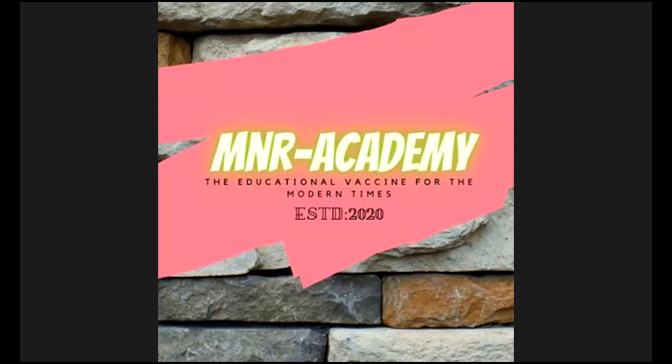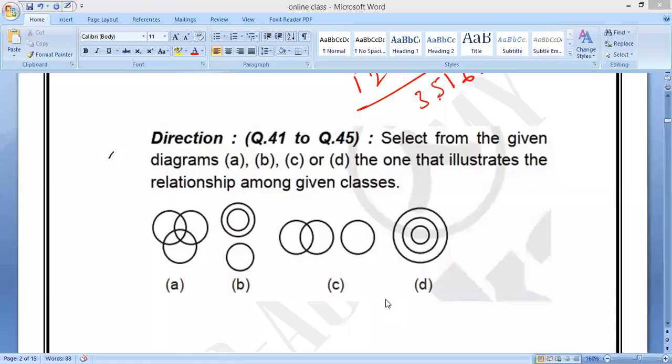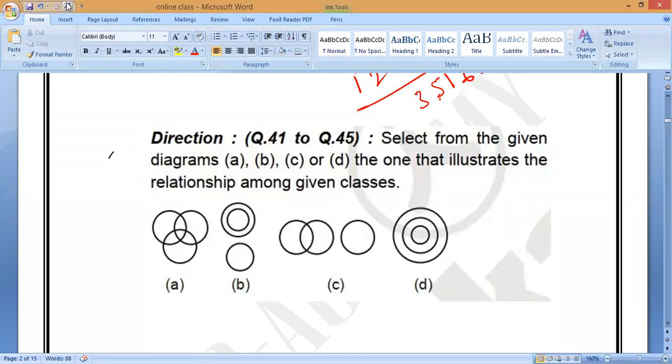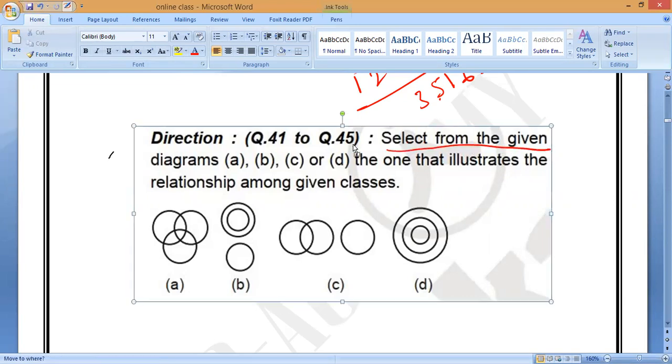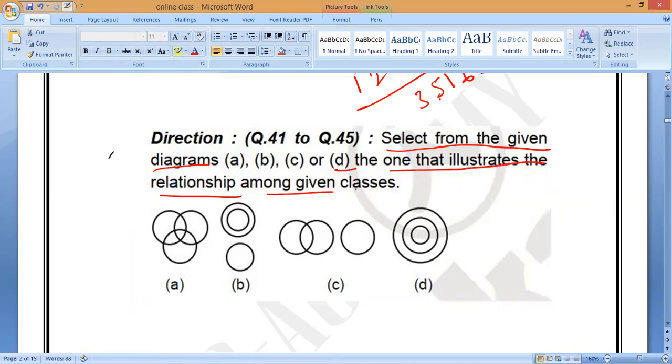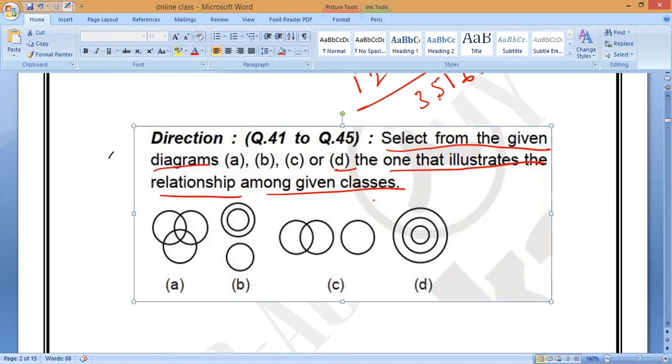Can you see this question? Now observe these questions. So this is what it is saying. Read the question, all of you. What are they saying? Select from the given diagrams A, B, C, D the one that illustrates the relationship among given classes. So 4 diagrams I have given.